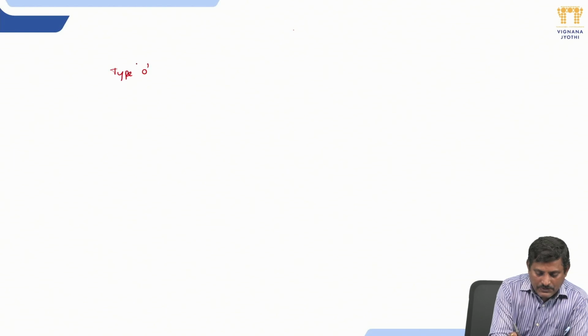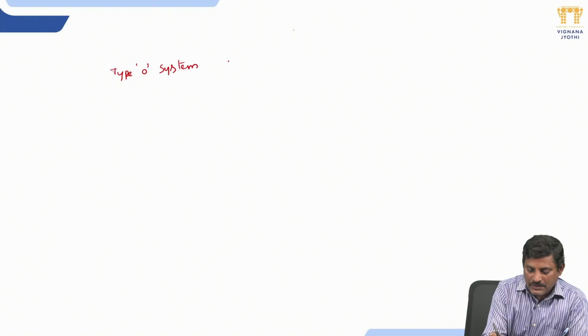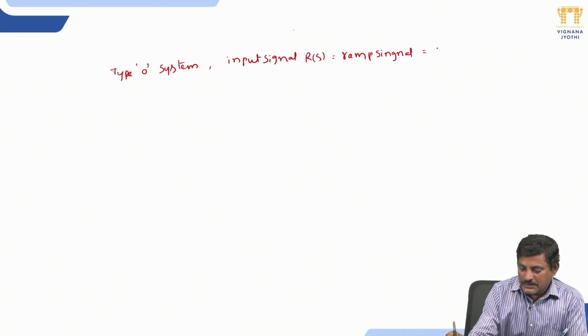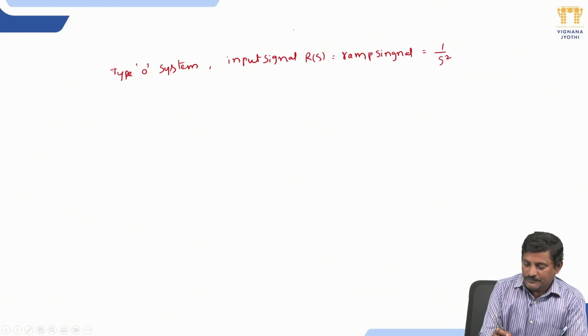Next, same type 0 system, input signal R of S is a ramp signal, that is 1 by S square.